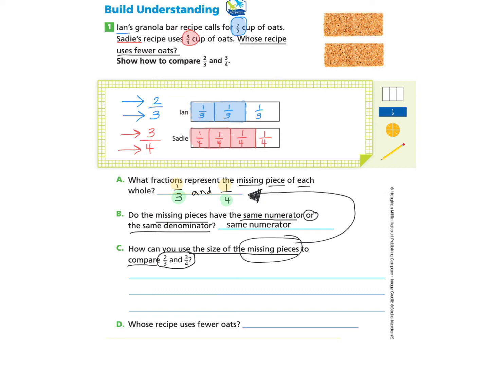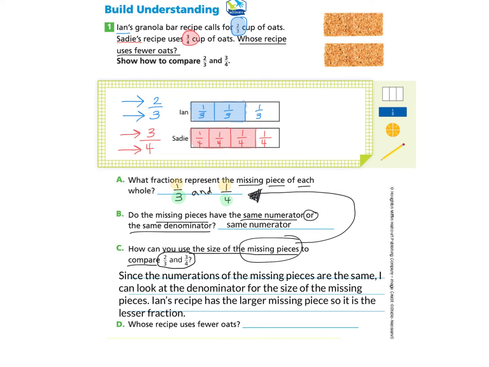You may want to pause the video and have some think time and come back. When you come back, you will notice that since the numerators of the missing pieces are the same, which we said was 1, that's highlighted in yellow, I can look at the denominator, which is highlighted in green, for the size of the missing pieces. When I do that, I see that Ian's recipe has the larger piece missing, so it's the lesser fraction.